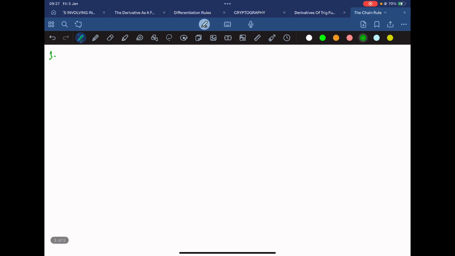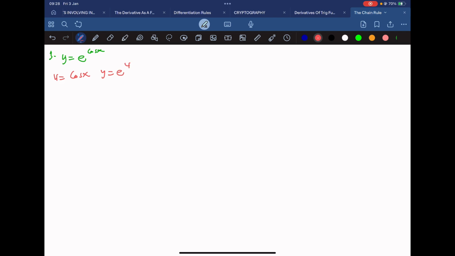So what if you have e to the power of cos(x)? In this case, whenever you have this, your u becomes your exponent. So if you rewrite y, you have eᵘ.